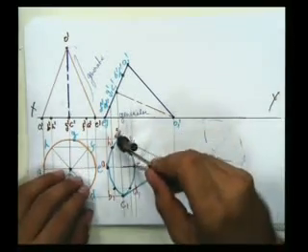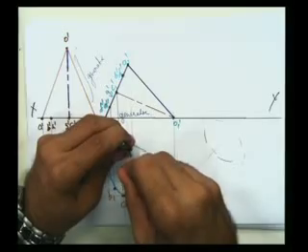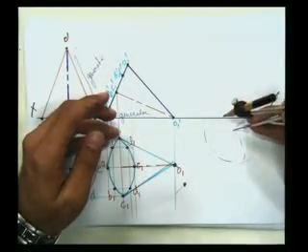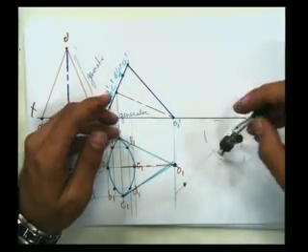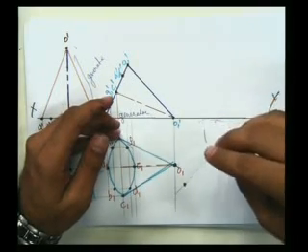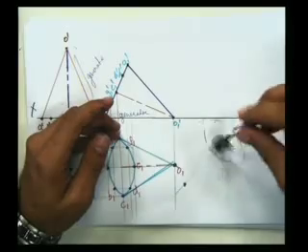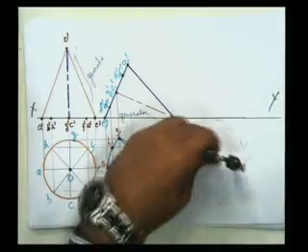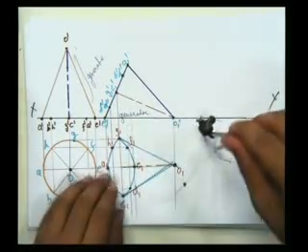Now what we need to do is find this distance, that is C to F, put my point here and cut the points on both ends. Put it here and again cut at both ends.